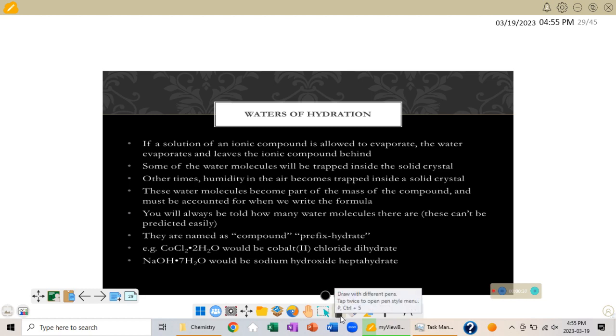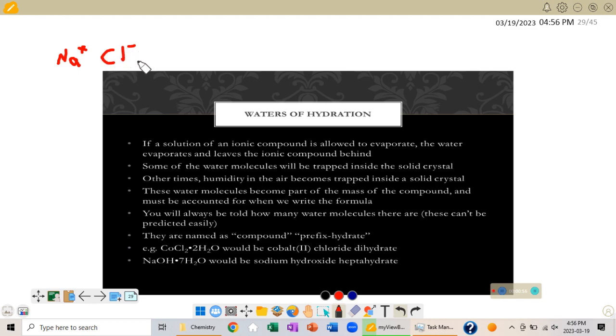So at the very simplest level, we could have something like sodium chloride, where we'd have a sodium ion next to a chloride ion. Sodium ion is a plus charge, chloride is a minus charge.